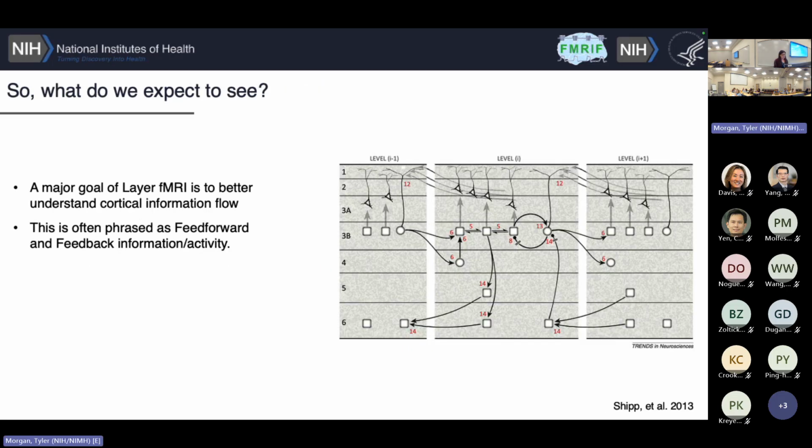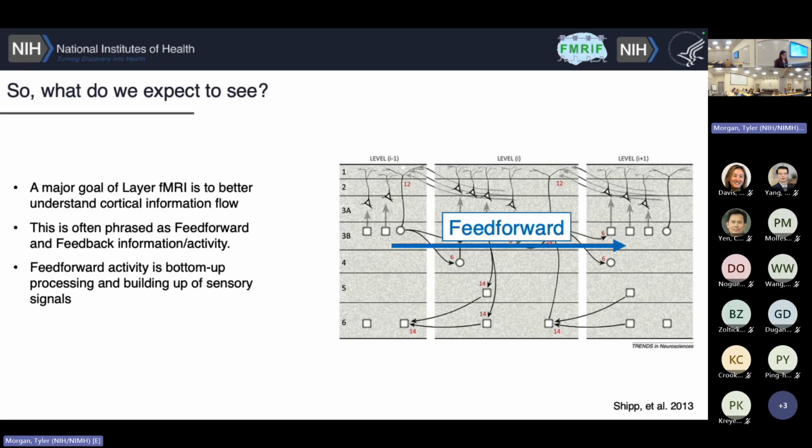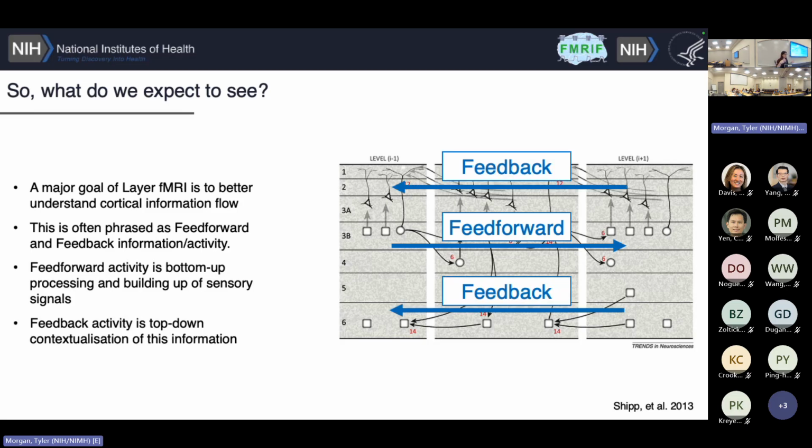Okay. So what do we actually expect to see? What's the goal of layer fMRI per se? I would say one of the main things that we really care about is the separation of different signals as they come in from the outside world. So this is feed-forward activity or sensory activity, and the type of activity that is associated with things that are already in your brain.